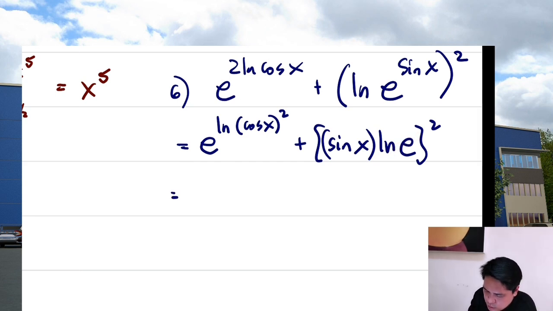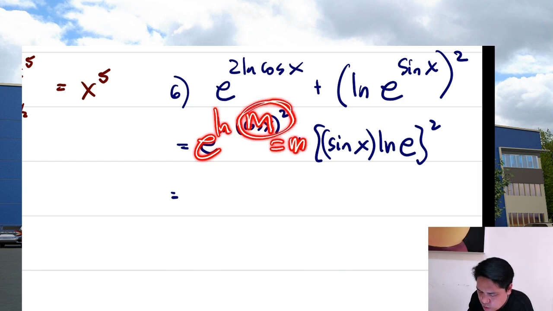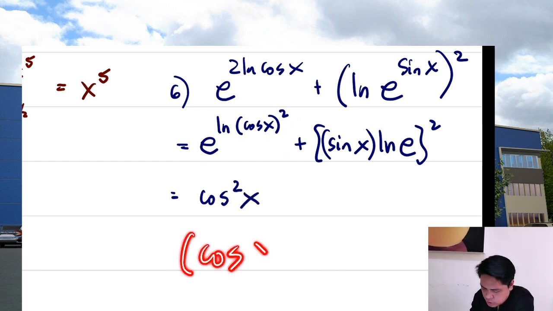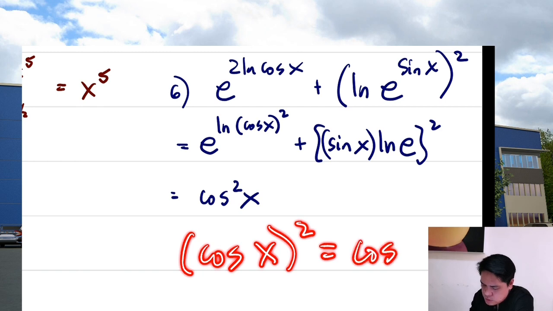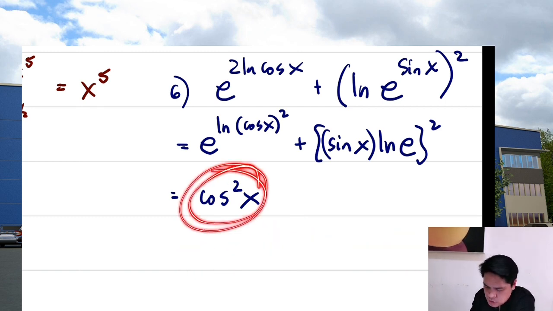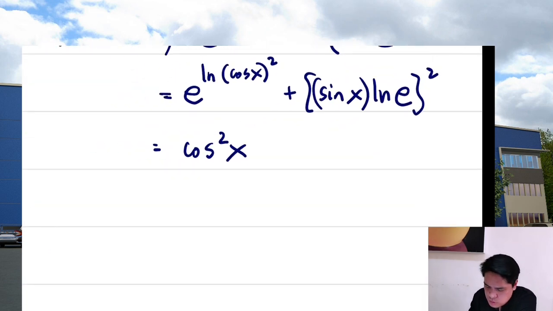And here, exponential ln m is just equal to m. So, this is now our answer. So, we'll write cosine squared x. By the way, you write cosine x squared as cosine squared x. That is the same. Okay? And this is more preferred. Okay? So, here, since this will become 1, this is sine squared x plus sine squared x.